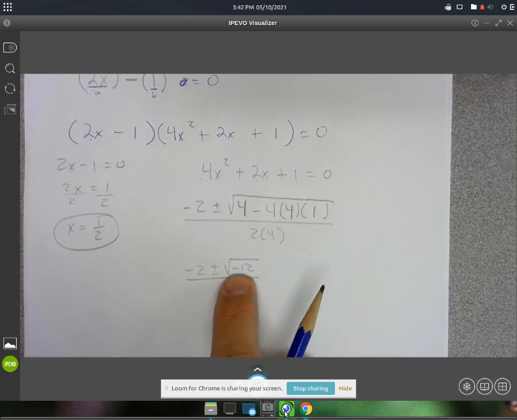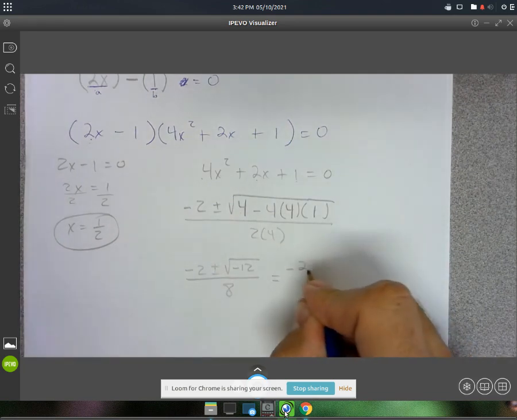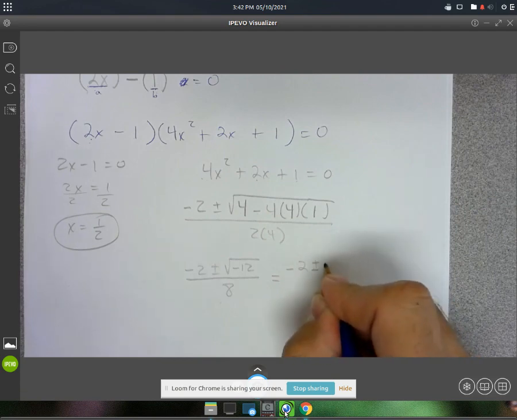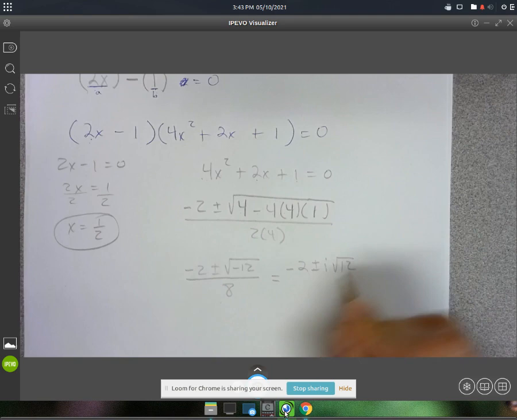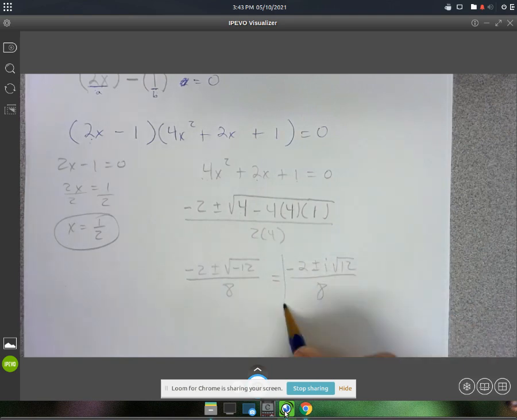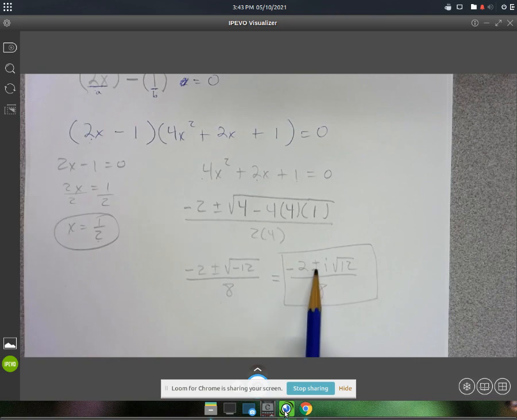All right, and then we're going to take that negative out of the square root as an imaginary number. So it's negative 2 plus or minus, you're going to take the negative out as an i, and then root 12 over 8. All right, so there's one answer, and then this is going to be 3 answers here because you have the plus and minus version there.